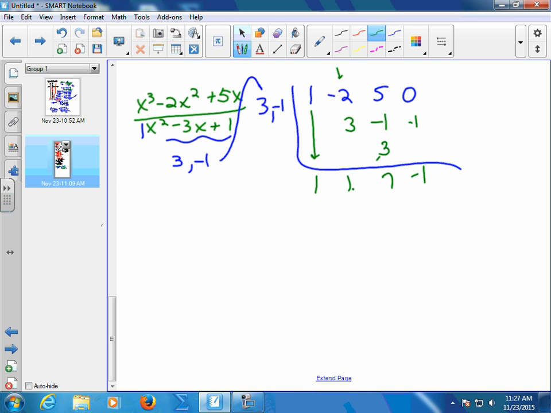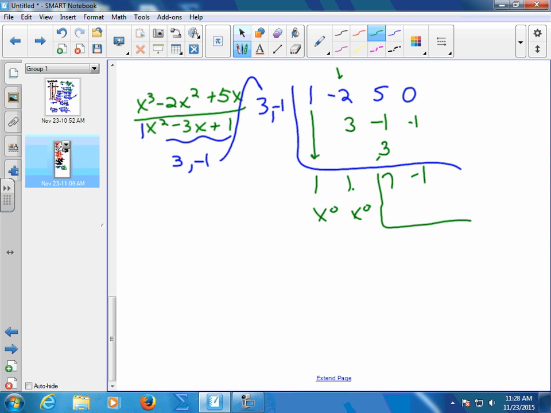Okay, so now, the front end. If I have x cubed over x squared, what's my answer going to start with? X to the 1, right? So, x to the 1, x to the 0. This must be my remainder, because I had 2 positions to do. So I got 2 positions for my remainder.